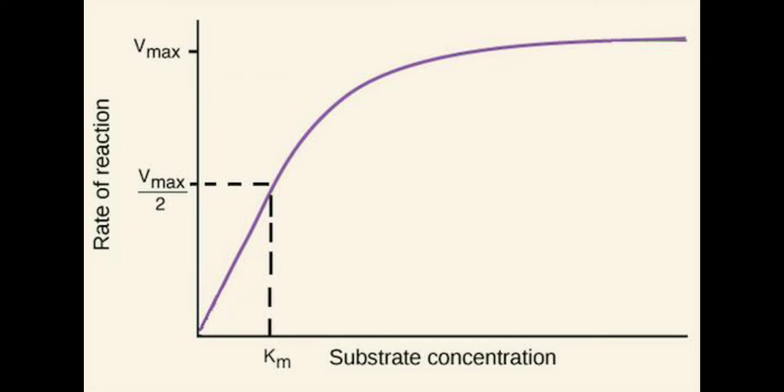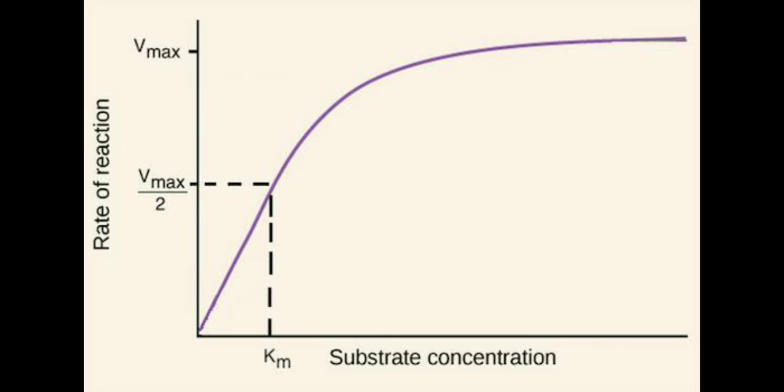That means when the velocity is half of the maximum velocity, the concentration of substrate at that time is known as Km. So Km is the concentration of substrate at which the velocity of the reaction is half of the maximum velocity. The Michaelis-Menten constant is very important.